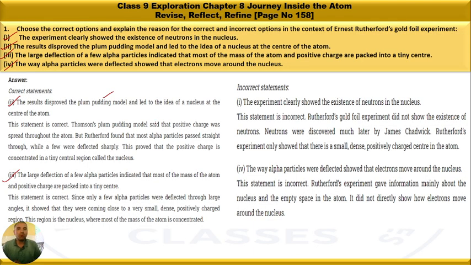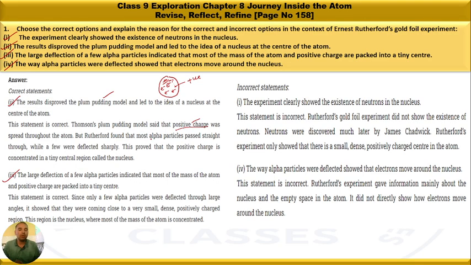The Thomson plum pudding model said that the positive charge was spread throughout the atom. If I try to show you, this is how the atom was considered as per the Thomson model, where electrons are embedded inside the atom and the remaining space is considered to have positive charge spread throughout the atom.